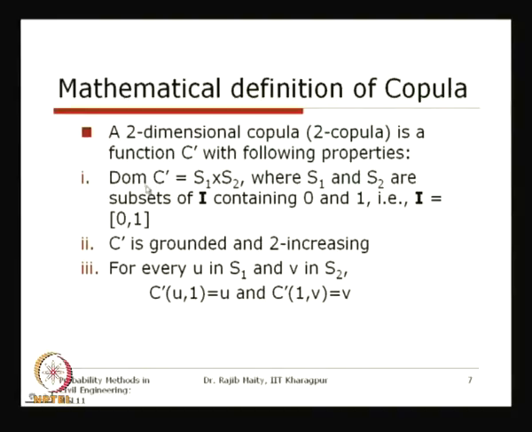The first one is the domain of C prime. When we are talking about a single random variable, we refer to the range of the random variable or the support of the random variable. Here, it is minimum two dimensional, and it can go up to any dimension. For the function we are defining, we have to specify the domain over which that function should be defined.